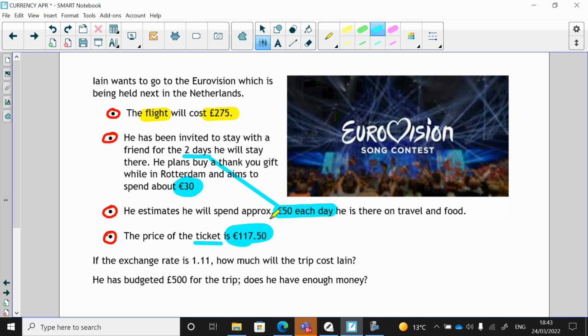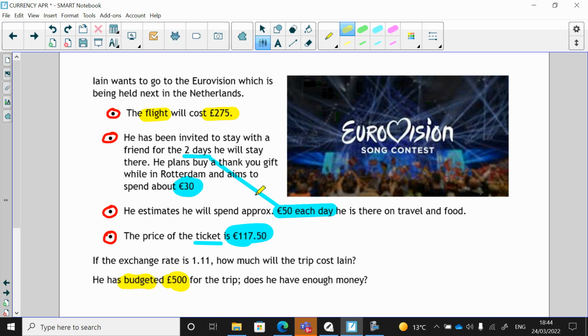So I've highlighted everything in euros, and the only one thing that's in pounds. I'm going to go to the last line here. They've got a budget, I'll just highlight budget. A budget of £500.